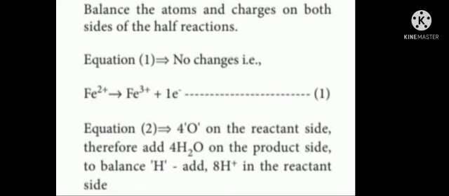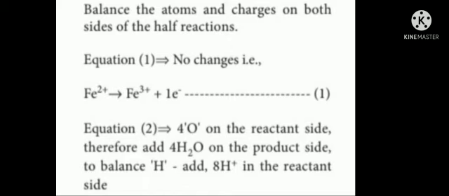Balance the atoms and charges on both sides of the half reactions. In equation 1, there should be no changes. Hence, it should be written as such: Fe2 plus gives Fe3 plus plus 1 electron. In equation 2, there are 4 oxygens on the reactant side. Therefore, add 4 H2O on the product side.